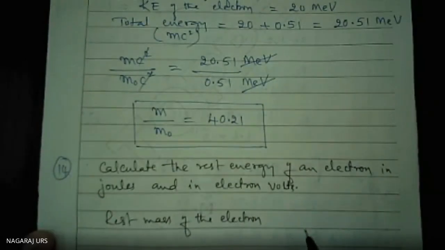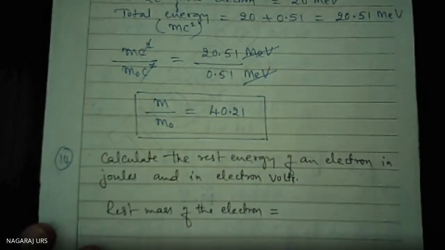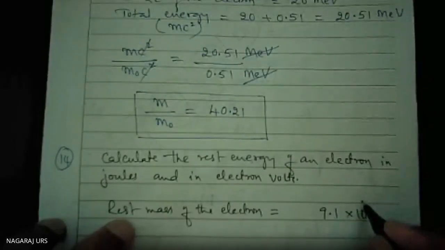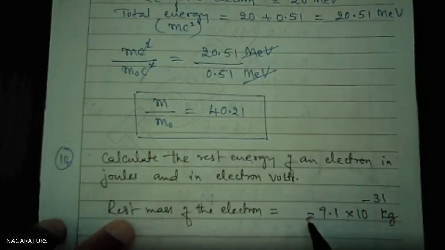How much is the rest mass of the electron? 9.1 times 10 to the power negative 31 kg. This is represented by which symbol, Kiran? M subscript e. It is the rest mass.